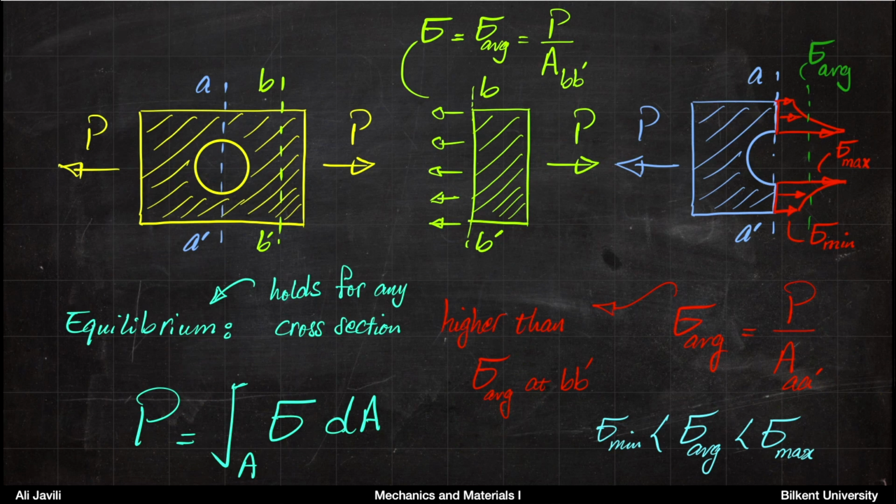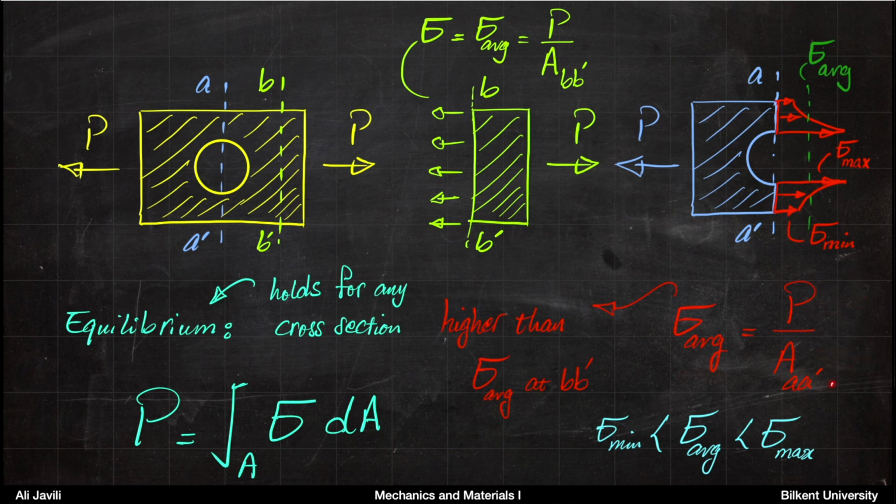So if you think of this example, as we said, for cross-section BB prime, the average stress is force divided by cross-sectional area ABB prime. Whereas at AA prime, the average stress is force divided by cross-sectional area AA prime.